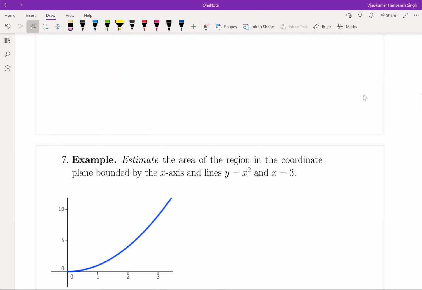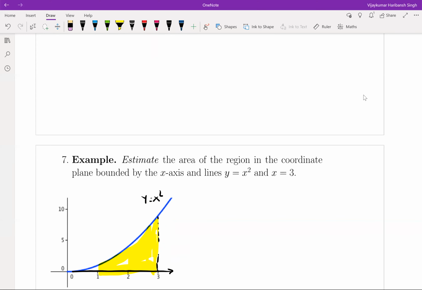Again, the goal is to estimate the area of the region in the coordinate plane bounded by the x-axis, which is this axis here, y equals x square, which is this blue line here, and x equals 3. So we want to find the area, which is basically this part here, right?